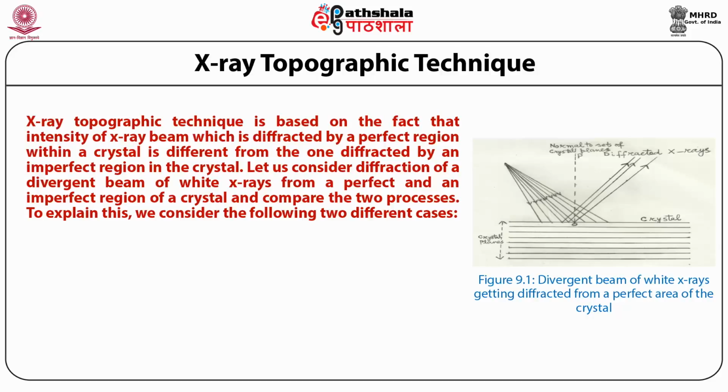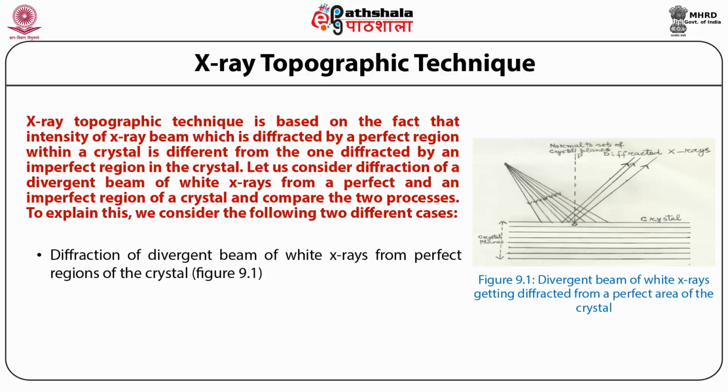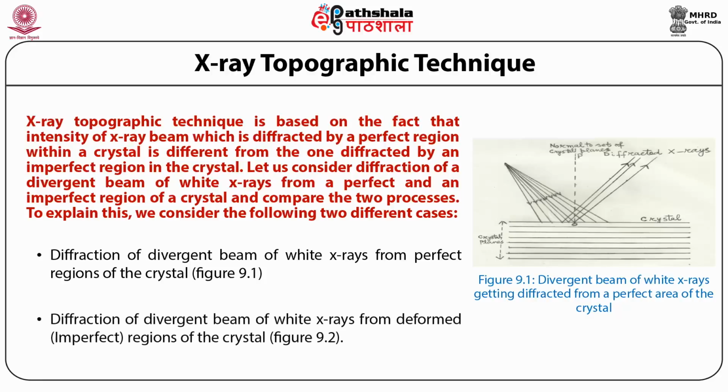To explain this, we consider the following two different cases. A. Diffraction of a divergent beam of white X-rays from perfect regions of the crystal, as shown in figure 9.1. B. Diffraction of a divergent beam of white X-rays from deformed, that is imperfect, regions of the crystal, as illustrated in figure 9.2.